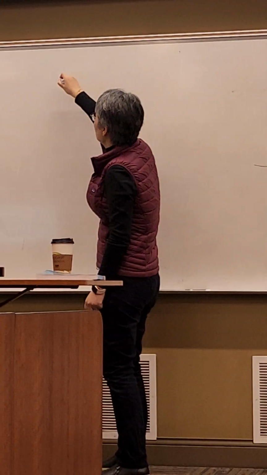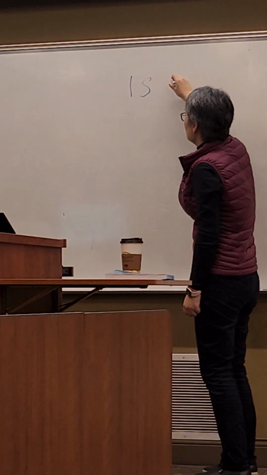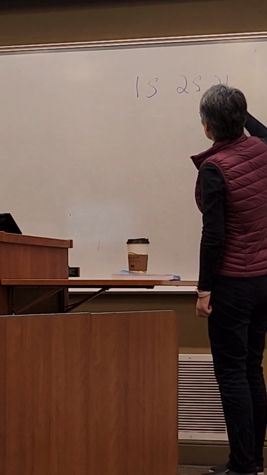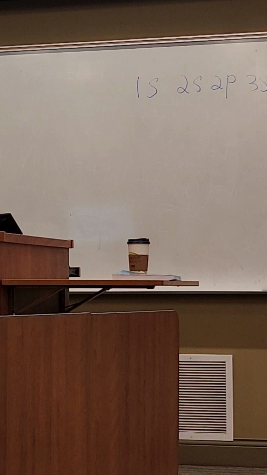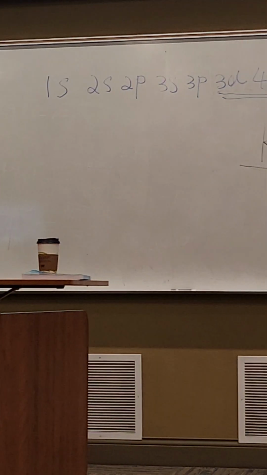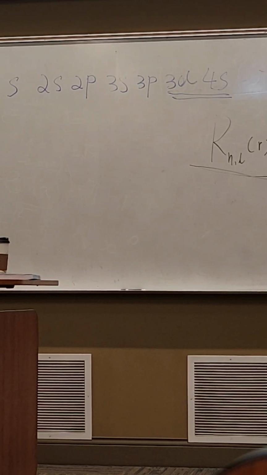So what do we do? 1s, 2s, 2p, 3s, 3p, 3d, right? It gets a little tricky from here because sometimes the sequence between the 3d and 4s can be reversed.